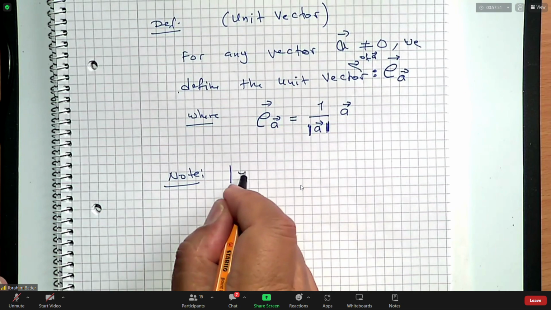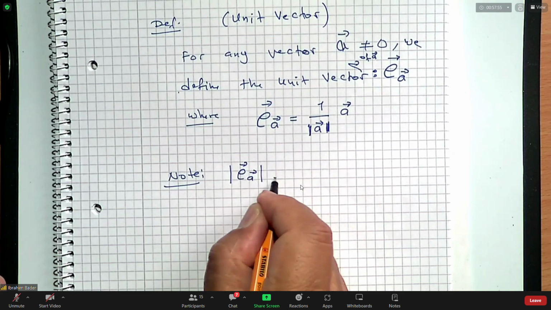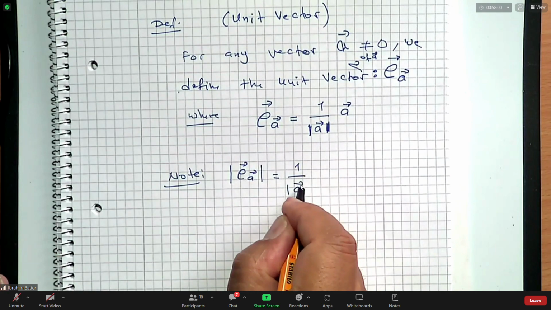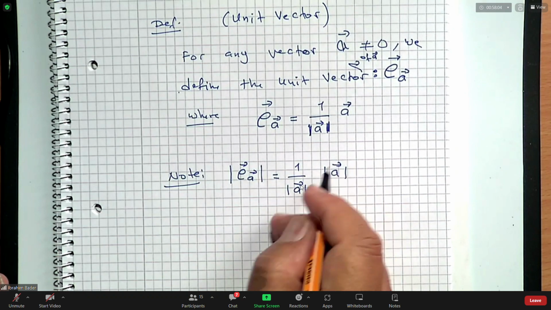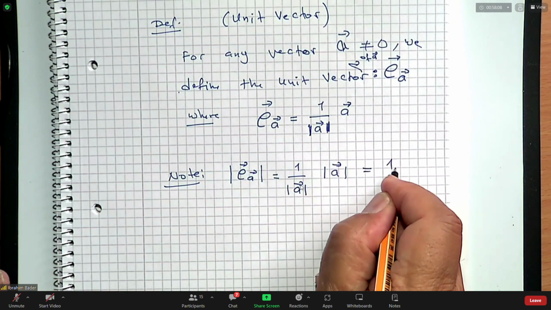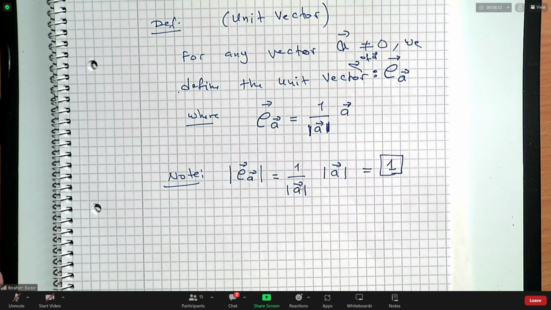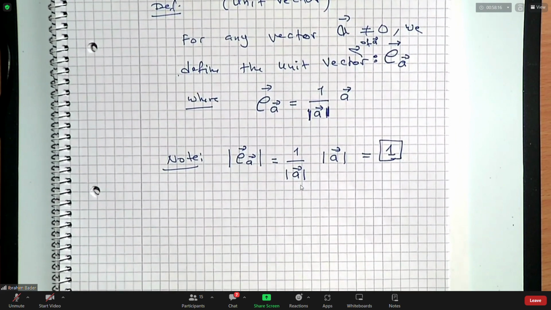The magnitude of this new vector is equal to, this is a constant, so I can take it out, and then it's the magnitude of A. As you see, the magnitude of A, if it's not 0, is going to cancel and it will be 1. So that's why it's called a unit vector, because it has a length of exactly 1 unit.